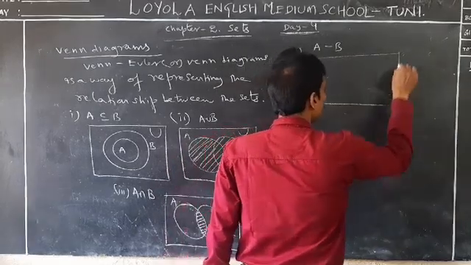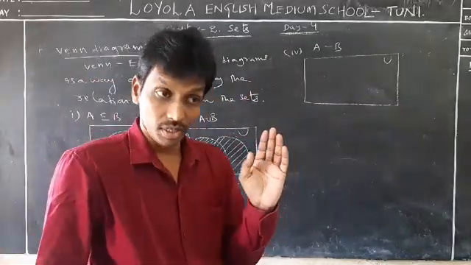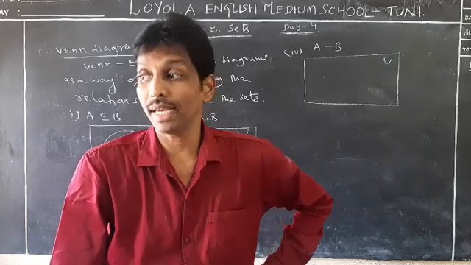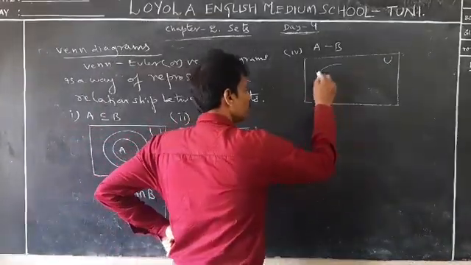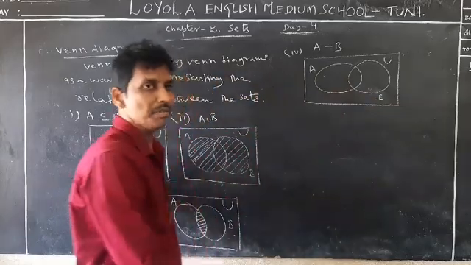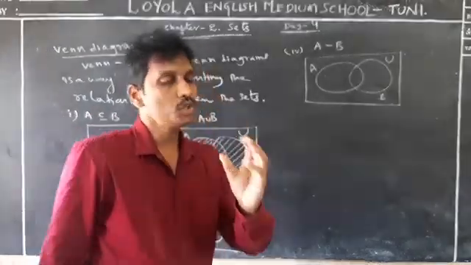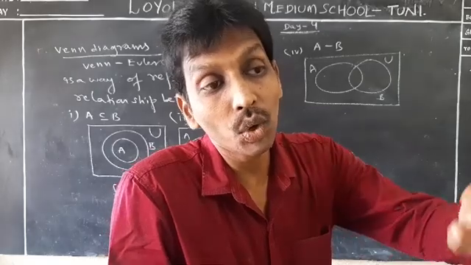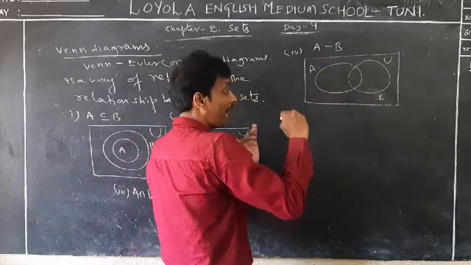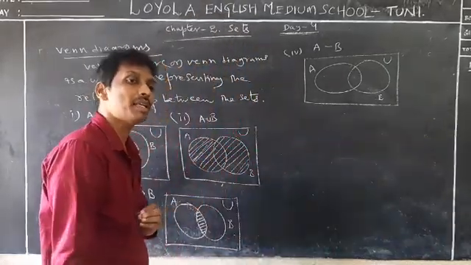While writing the definition of difference of two sets, we have already written the set builder form of A minus B also: x such that x belongs to A and x does not belong to B. So let me draw two circles to represent the two different sets A and B. To represent A minus B as a Venn diagram, we need to shade the part that comes under only A, not in B. This middle part is the common part for both A and B. Except that part, the rest of the A circle we must shade. That is the solution part of A minus B.